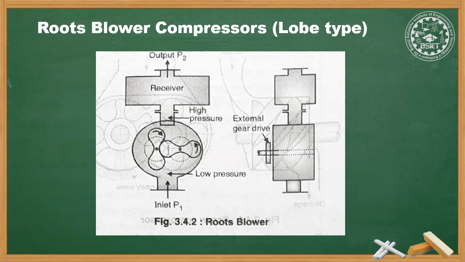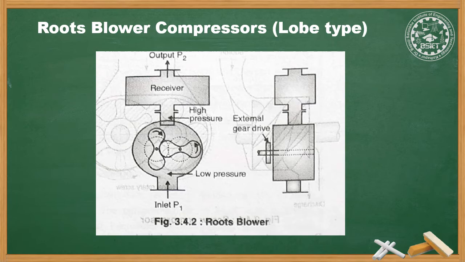The rotors have two or three lobes having cycloid or hypocycloid involute shape profile. The high pressure delivery side is sealed from low pressure suction side at all angular positions. A very small clearance is provided between casing and rotor to prevent the wear and tear.